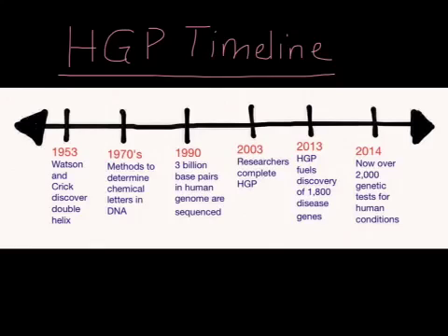In 2003, researchers successfully completed the Human Genome Project under budget and about 2 years ahead of what they had planned. In 2013, the Human Genome Project fueled discovery of more than 1,800 disease genes, and in 2014 there are now more than 2,000 genetic tests for human conditions.